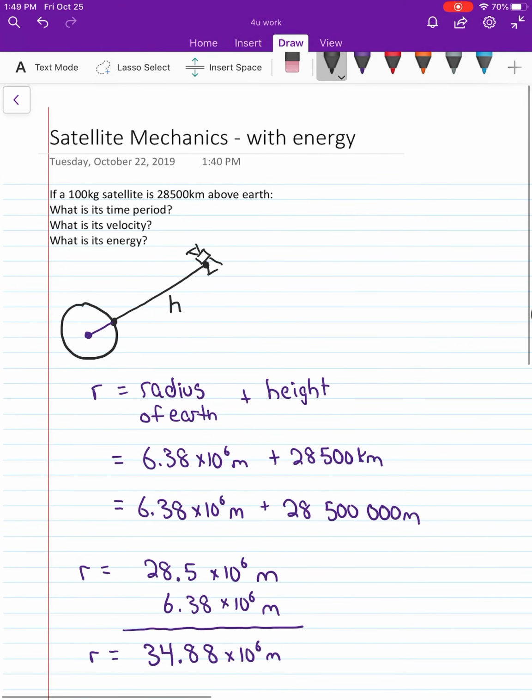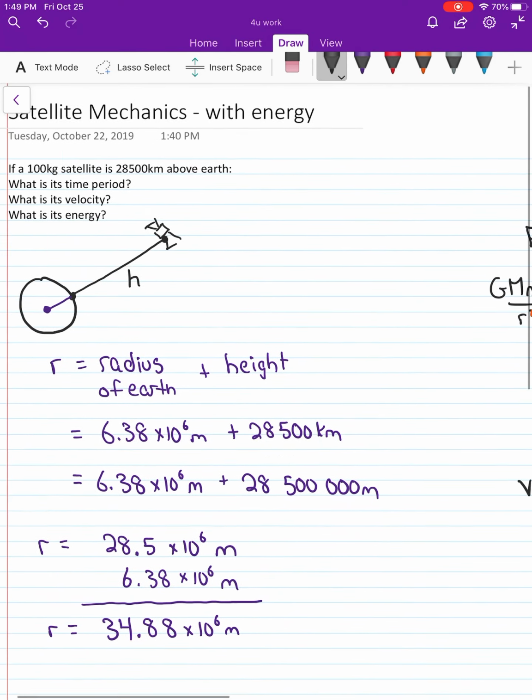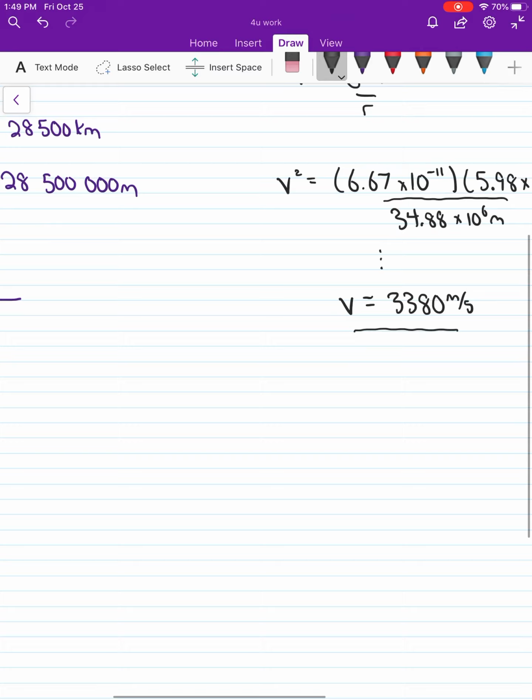In the question, we were also asked to find the time period. There's a couple ways to get the time period. Since we have the speed, we know that v is 2 pi r over time period. It does a full circumference in one time period. Since we have the speed, we could just use that. We know the r value, we could rearrange for time.